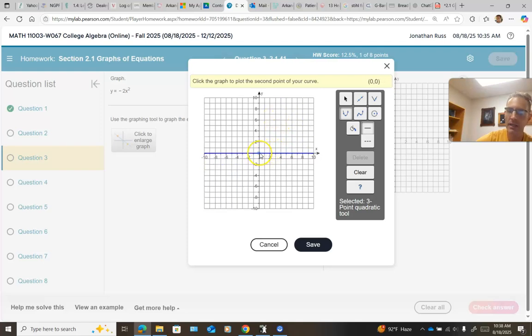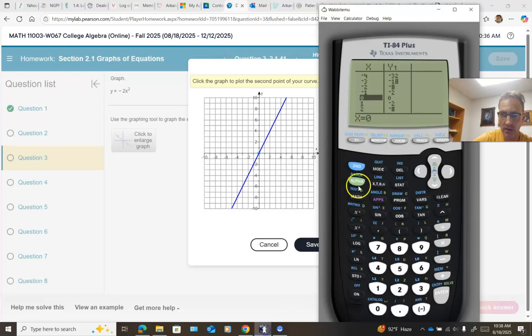Now see what's happening after you get 1 point. When you put a second point, you're only going to get a line. That's why you need a third point to give this curvature. Okay, but make sure that that first point is the center point. Okay, so graph it in your calculator if you need to. See, if I needed to, I could graph it and kind of see its orientation. All right, so I'm going to go back to my table now. And I just need to get a couple more points.